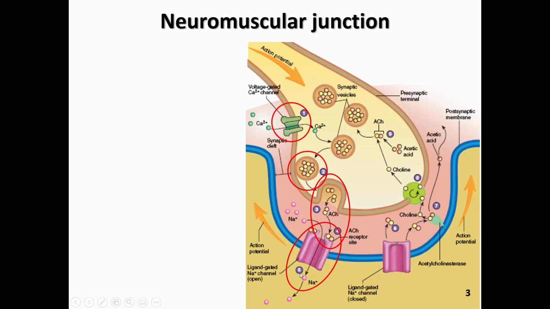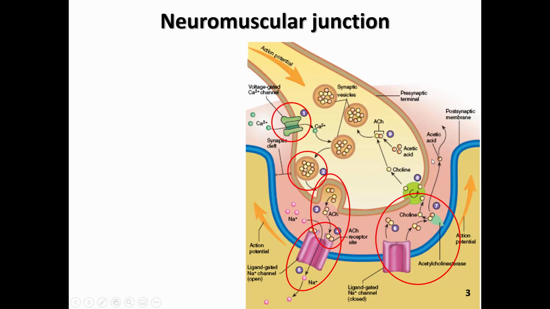cell. The next step is that another protein embedded in the muscle cell membrane, acetylcholine esterase, ASE, indicating that this protein is an enzyme, will facilitate the binding of acetylcholine molecules and degrade those acetylcholine molecules into choline and acetic acid.